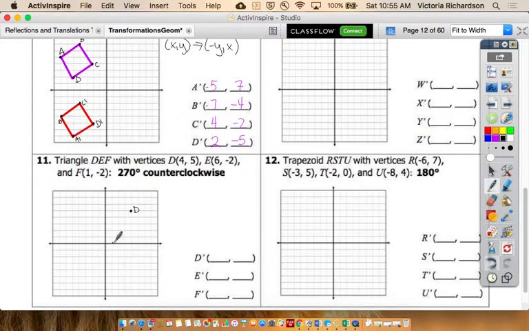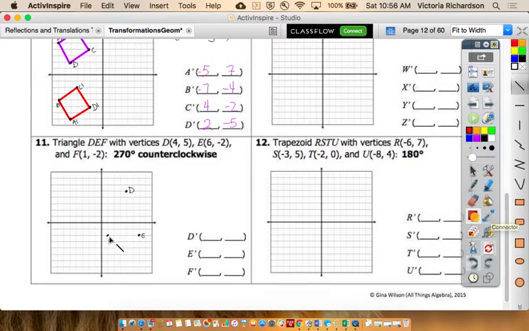So over 1, 2, 3, 4, 5, 6, and then down 2. And then F is +1, -2. Now I've got to connect my points.